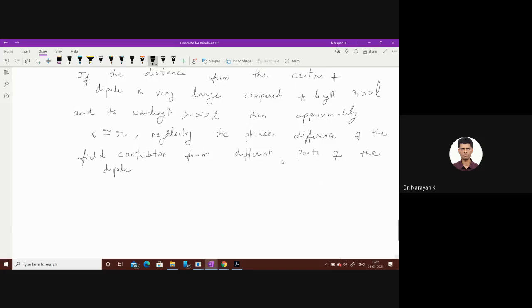Okay, so your equation Az is nothing but mu naught into L I naught divided by 4 pi r e raised to the power j omega t minus r by c. This is your equation number 4.